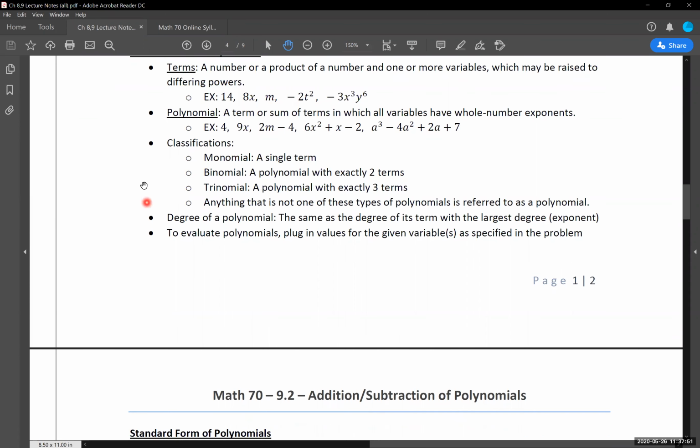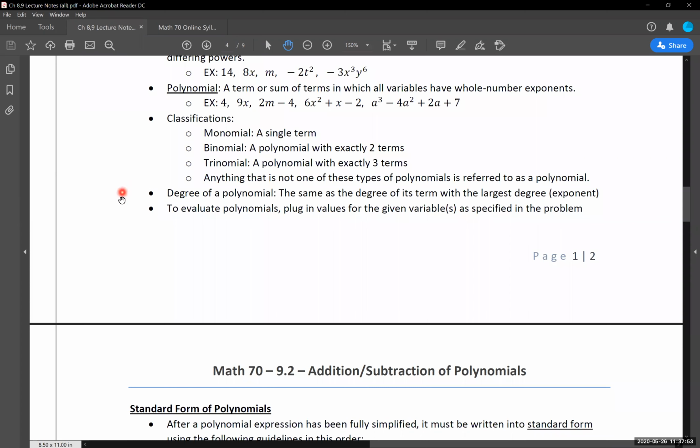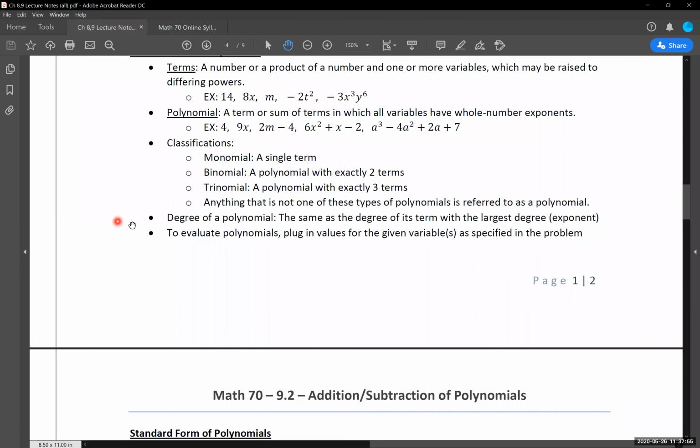Okay. So our next part coming up is the idea of the degree of a polynomial. If I'm given some polynomial, it could be a monomial, binomial, trinomial, who cares, the degree of the polynomial is the same as the degree of its term with the largest degree or exponent attached to it.